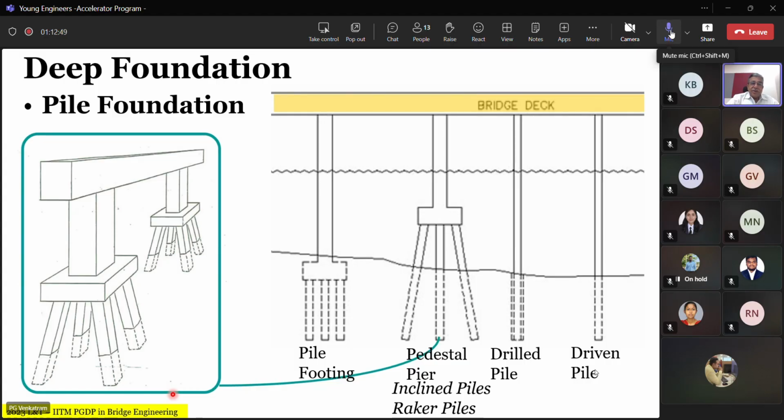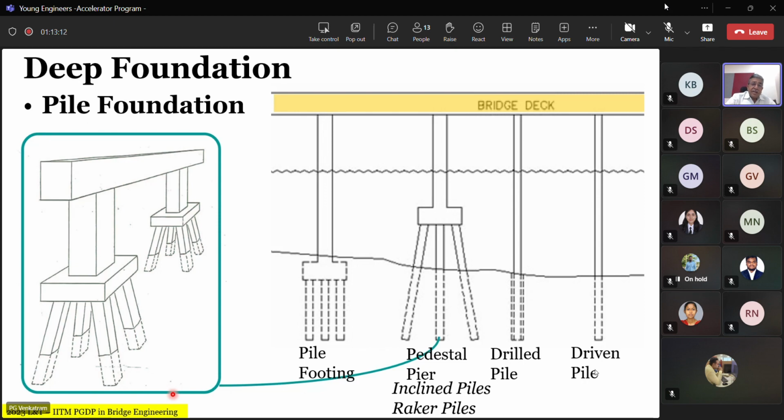I talked about this. So, what does it mean if the displacement is less? At last. So therefore, what do the raker piles do? They increase the horizontal stiffness.